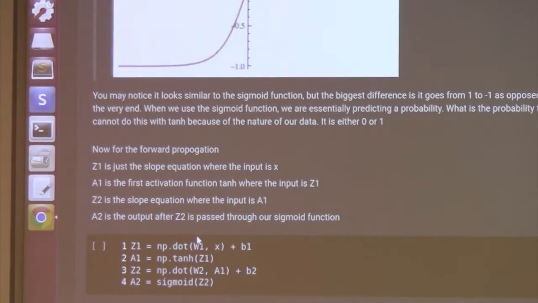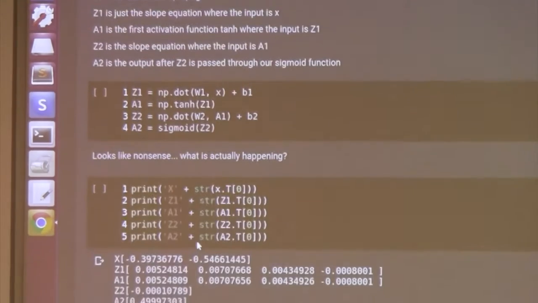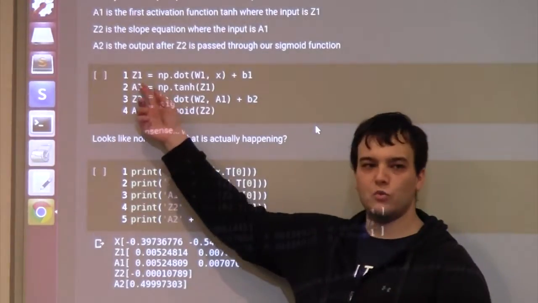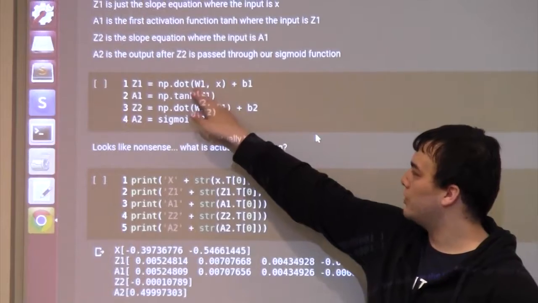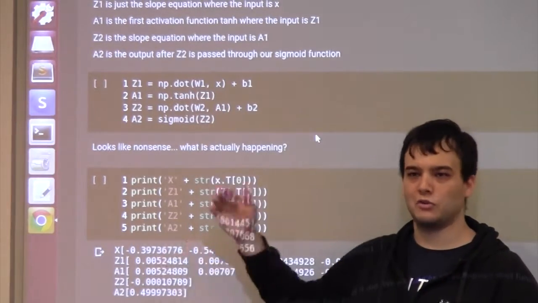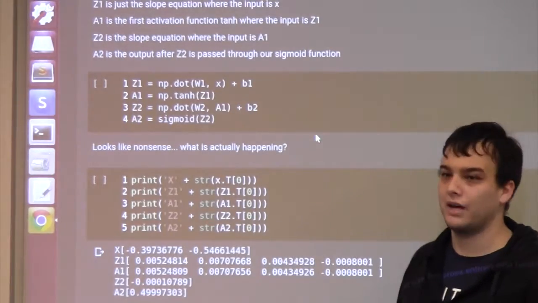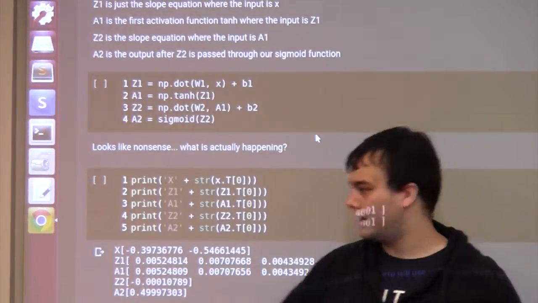And so, when we actually pass everything through, we have Z1, which is going to be our first output. So we're going to have dot, which is the dot product, multiplication of W1 and X, plus our bias. And then we're going to pass that through our tanh function here.